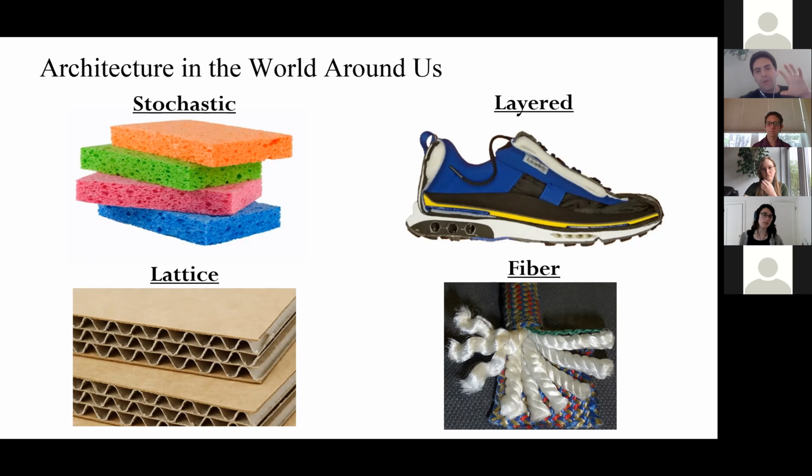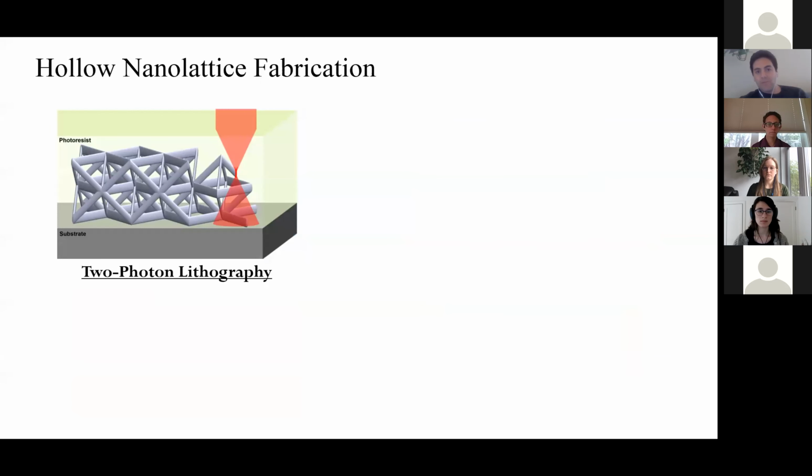And so we try to take a lot of these ideas and extend them down to the nanoscale in the work that we do. And we do that using primarily a fabrication technique known as two-photon lithography. Most of you are probably familiar with stereolithography, or SLA, DLP. Here we use, instead of UV lithography, infrared lithography.